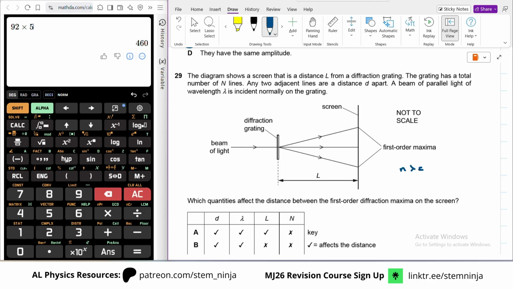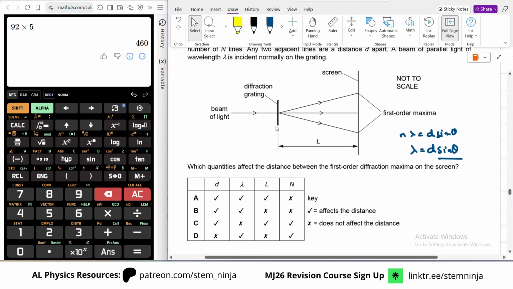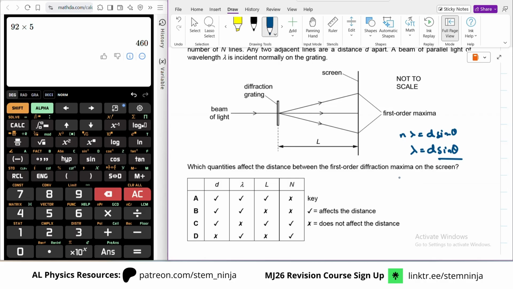So n lambda is equal to D sine theta. This would be just lambda equals D sine theta. So for first order diffraction maxima, basically what they're affecting is D. So D is basically like 1 over N. Right?